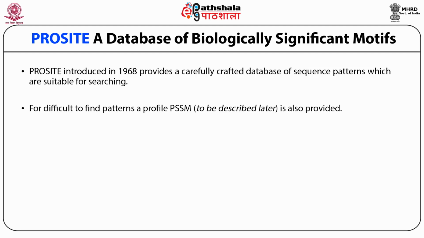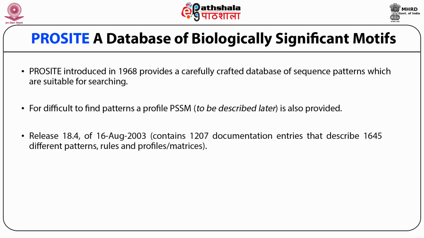And so they have also constructed position specific scoring matrices, and this database called PROSITE is a collection of sequence motifs and PSSMs for many different functional families. Just an old example, as of 16th August 2003, this good old 14 years before today, they had 1,207 entries, which described 1,645 different patterns, rules, matrices.